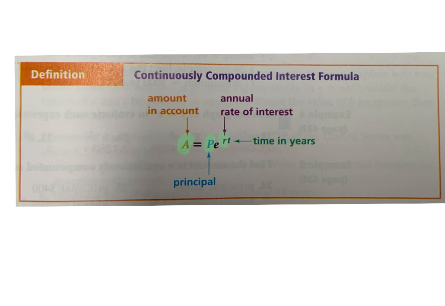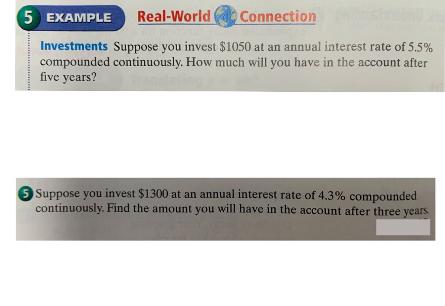The R is the rate of return, or your interest rate that you're earning. And the T is the time, specifically in years. It's easy to remember because it looks like the word PERT. A equals PERT, so A equals P E to the RT. You'll notice that E is your base, your natural number base for continuously compounding. RT is a product in your exponent form there, okay? R times T.